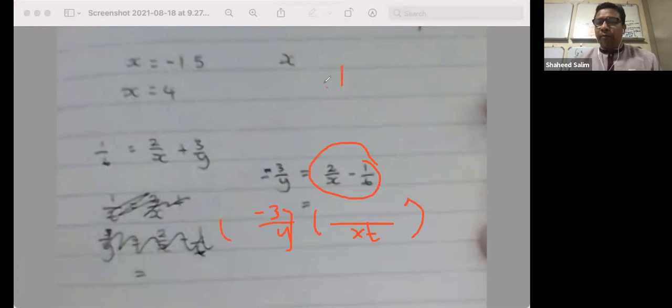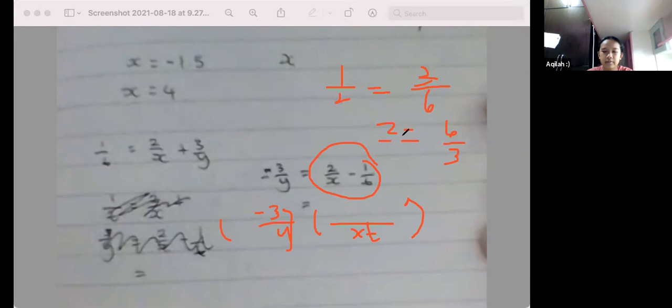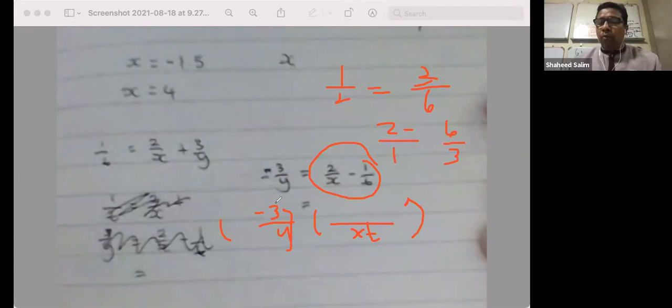Let's say now I have half is equals to 3 over 6. You agree that 6 over 3 is the same as 2 over 1? So later on, you can flip it and then y is on top. And then you can get rid of negative 3. Are you okay?